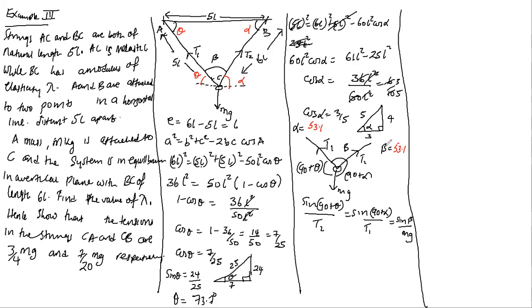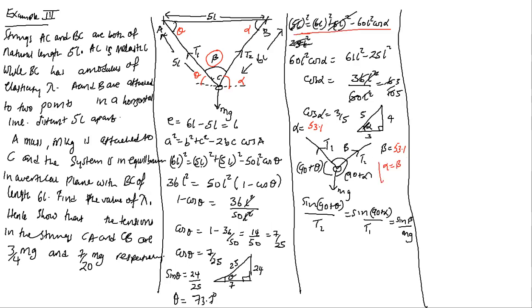But the idea I wanted to get out of here is this. If you consider beta, you'll have 5L squared is equal to 5L squared plus 6L squared minus 2 times 5L times 6L cos of beta. It will be the same statement like this one. And by induction, it means alpha and beta are the same.